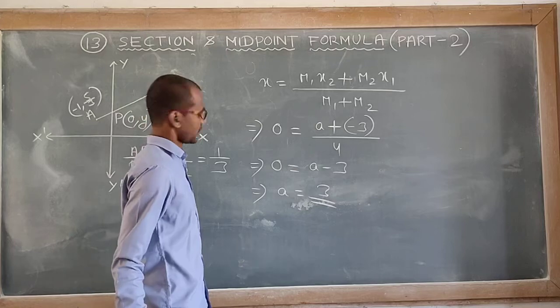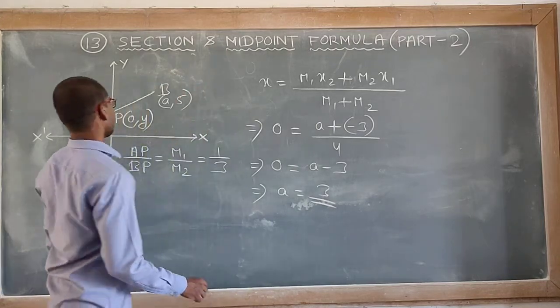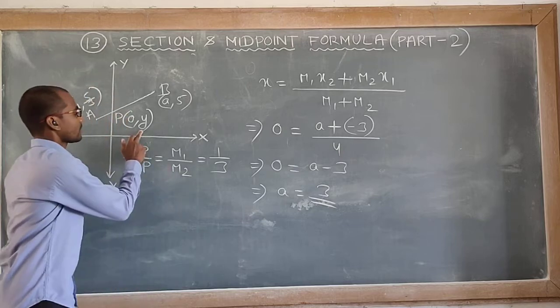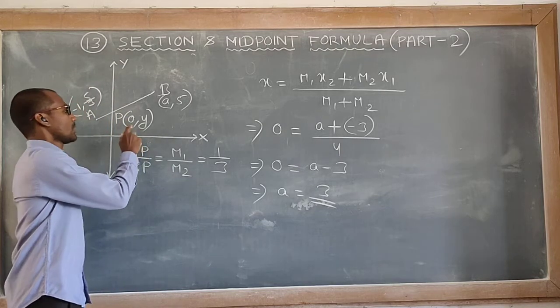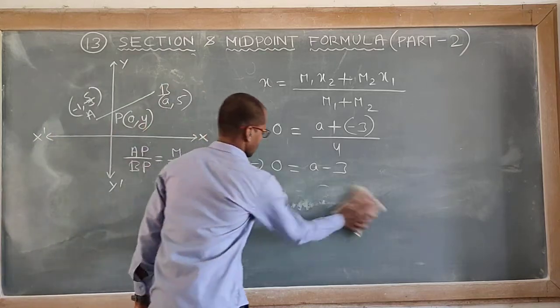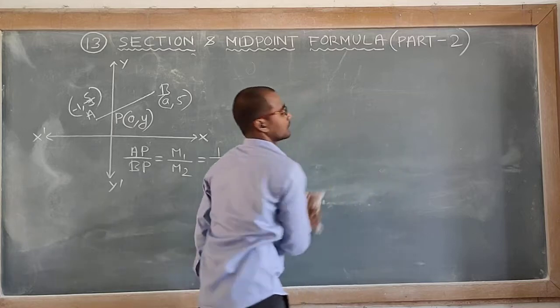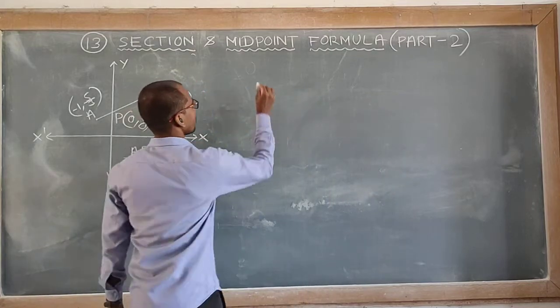First part over. Next, calculate the coordinates of point P. That means you have to find the value of y, since x we already have as 0.